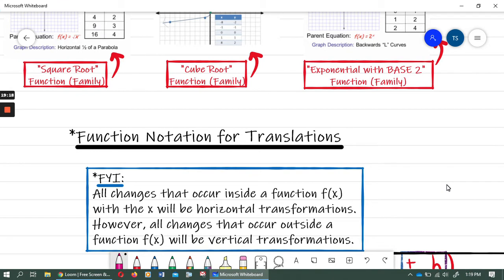But again, guys, now here there's something very, very important that you need to know just in general about function notations with any type of transformation.